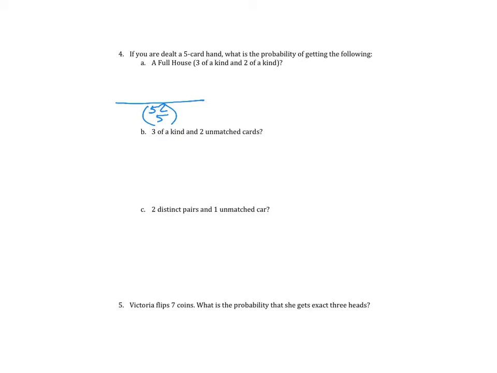But because I'm doing one that's 3 and one that's 2, I don't have to account for order, so I'm going to choose them separately. From the 13 ranks, I'll choose 1 to be my 3 of a kind, and from that rank there are 4 cards, and I want to choose 3 of them because I need a 3 of a kind.